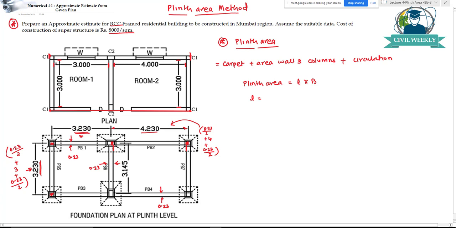This wall thickness is 0.23, plus from this inner edge 3 meters, plus this wall thickness 0.23, plus this 4 meters, plus this wall thickness again 0.23.